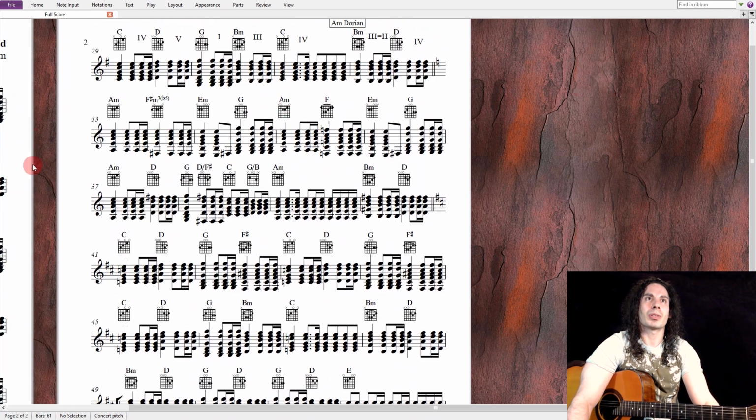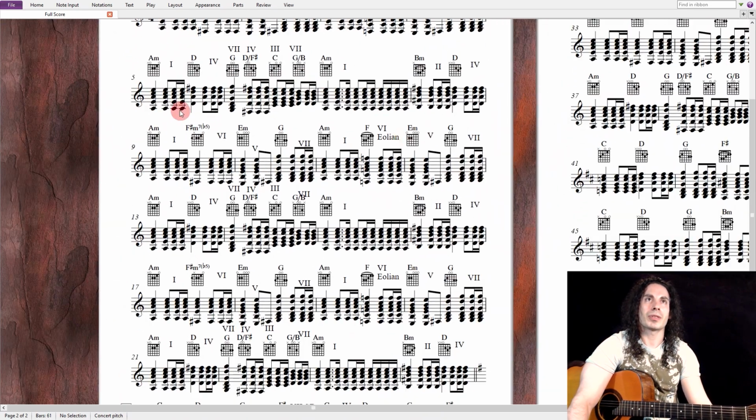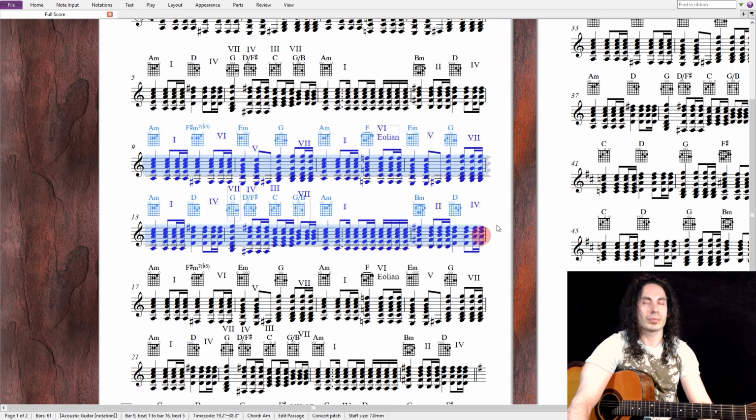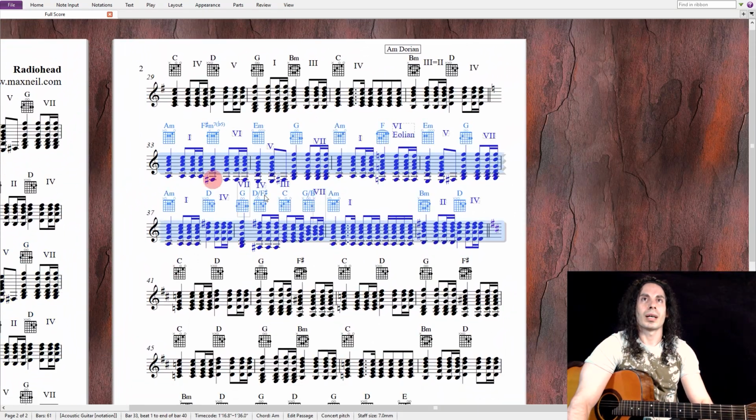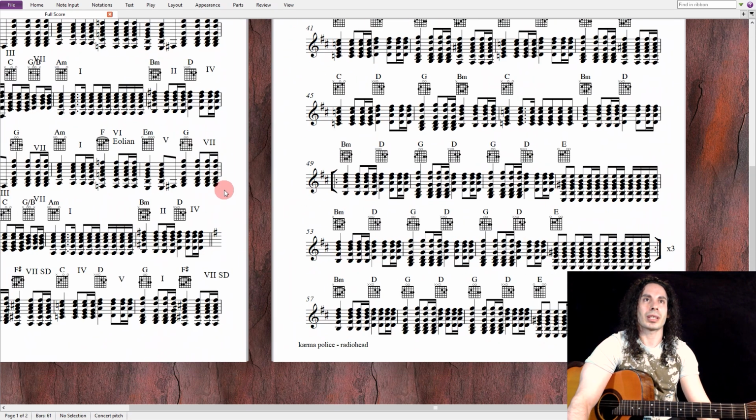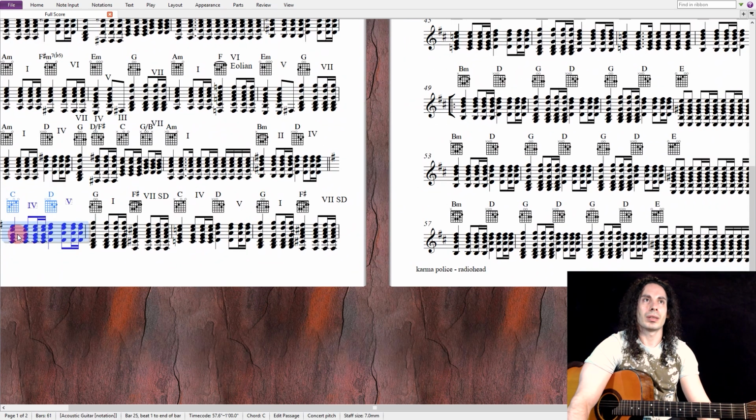Now here we have the verse again. I'm going to copy this from here. And this time he does it only one time, and then we have this G section.